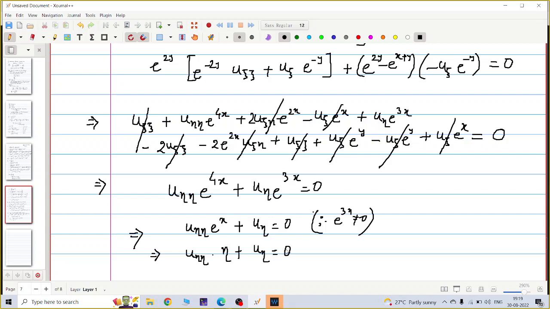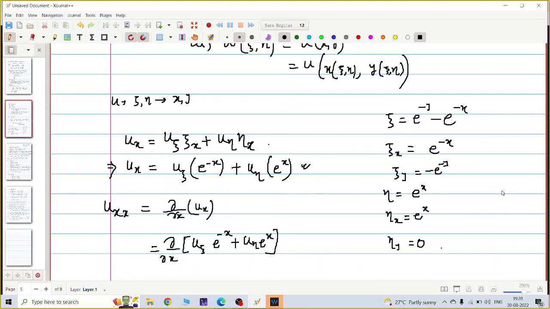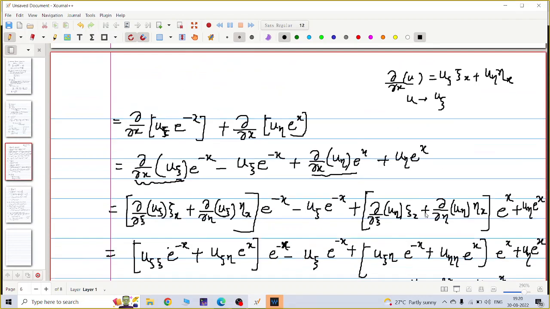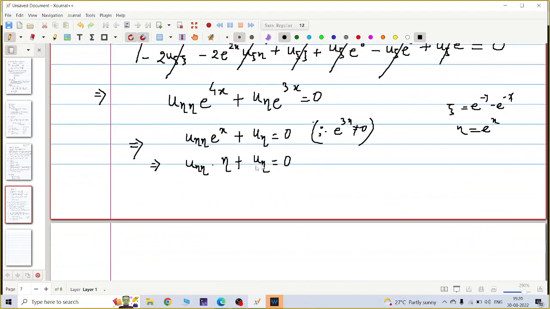I have to write the equation in terms of eta and xi, not in terms of x, y. I gave the transformation xi equal to e power minus y minus e power minus x and eta equal to e power x in the beginning. Remember? This is my transformation. So I got the main equation on substituting everything.